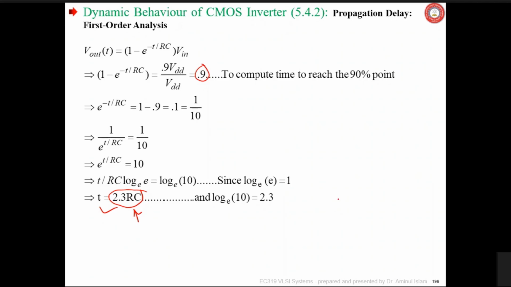Suppose in a 1 volt system... you have an inverter, and your input is constantly changing and the output is taking some time. t equals, what is that value? The 50% point is 0.693 RC.